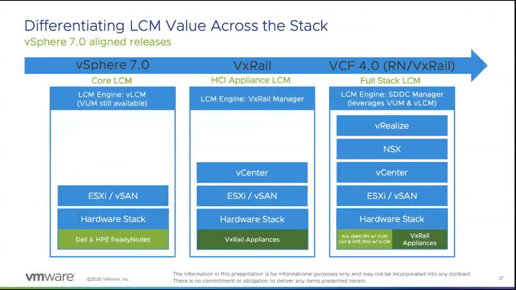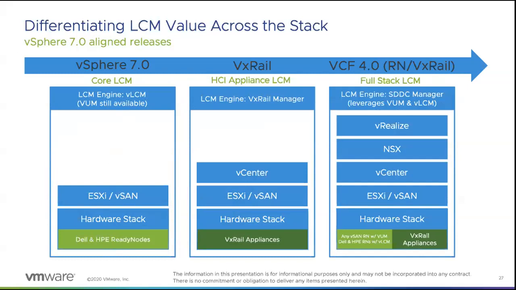So differentiating LCM across the complete stack, you have your vSphere 7 LCM engine, which does the update for your hardware stack, which at present only includes Dell and HP, and that too only certain versions of Dell and HP, not all of them. And your ESXi and vSAN.